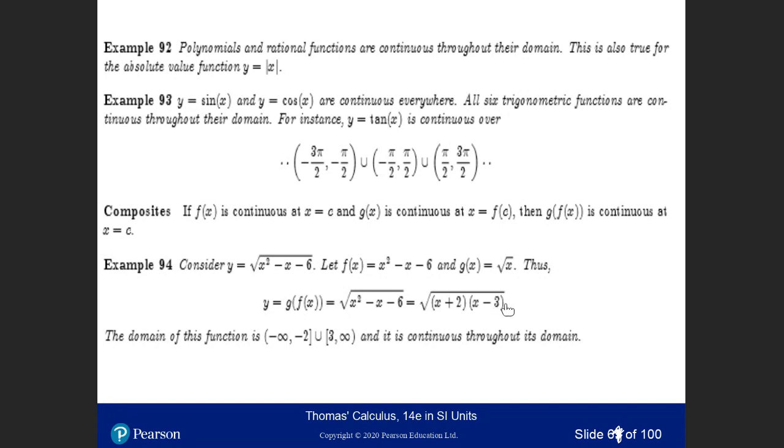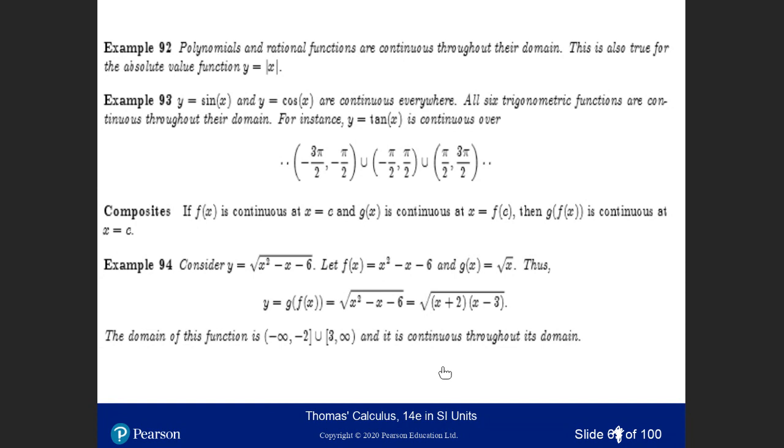So what is the domain of this function? Of course, minus infinity to minus 2, and minus 2 is closed. You can set x plus 2 to be 0, and the square root of 0 is 0. And 3 to infinity, and 3 is closed here. At x equal to 3, that's 0, so everything is 0.